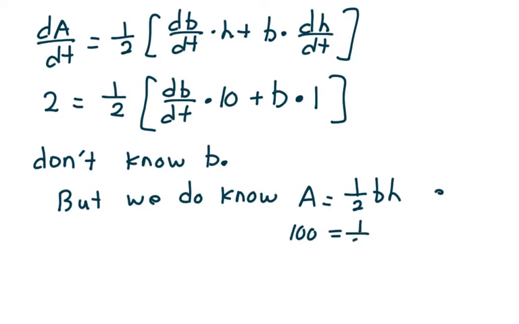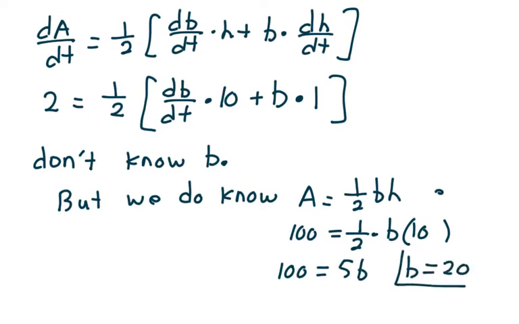And so this is 1/2 b multiplied by 10 because the height is 10. And so 100 is 5b, or b is 20. So that's the b we're looking for. They gave us the area and gave us the height, but that allowed us to find the base. And another name for altitude is height, by the way, okay?